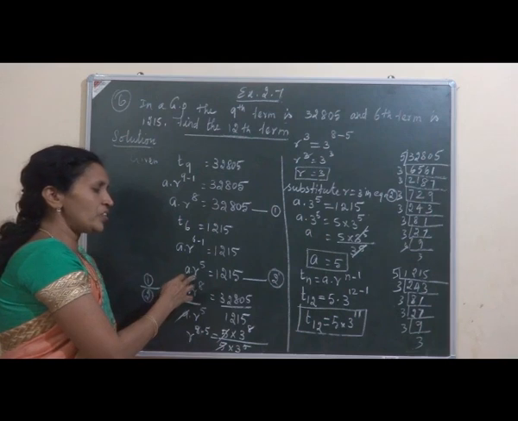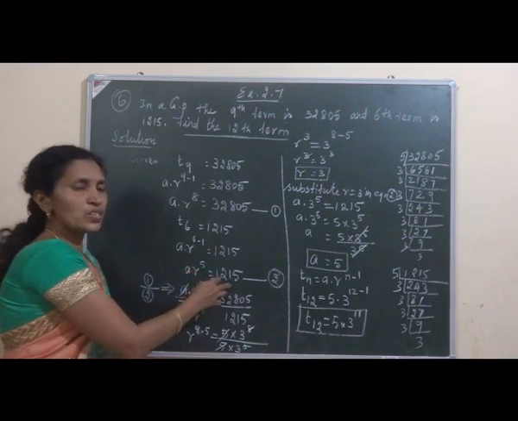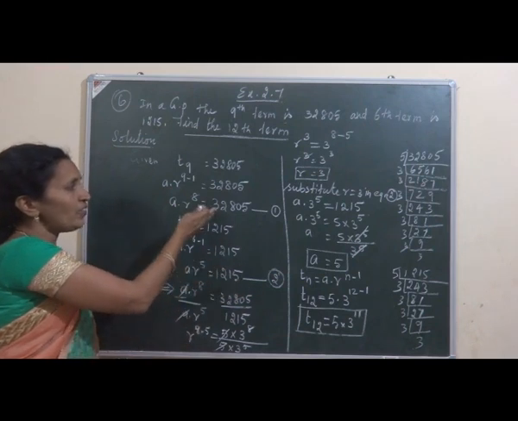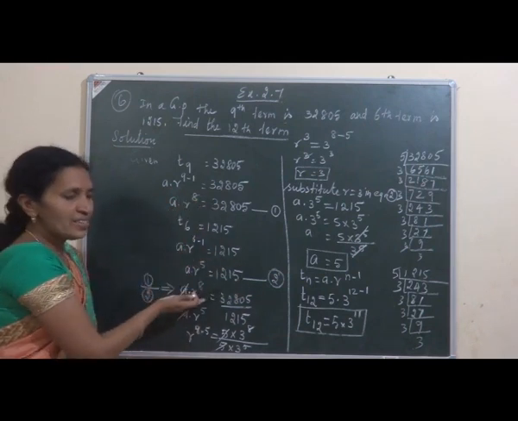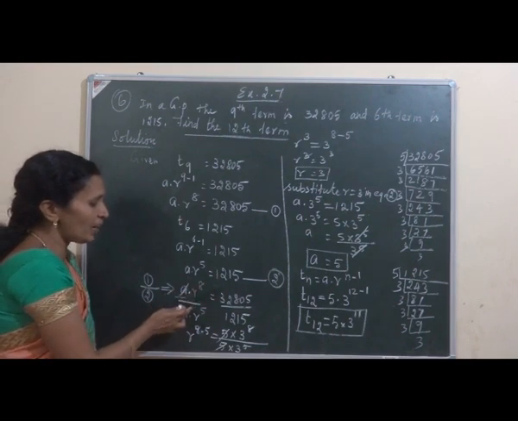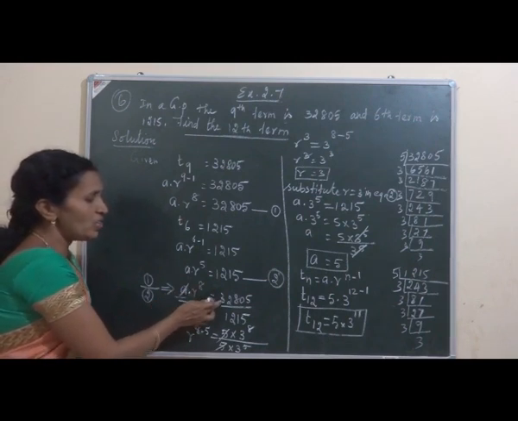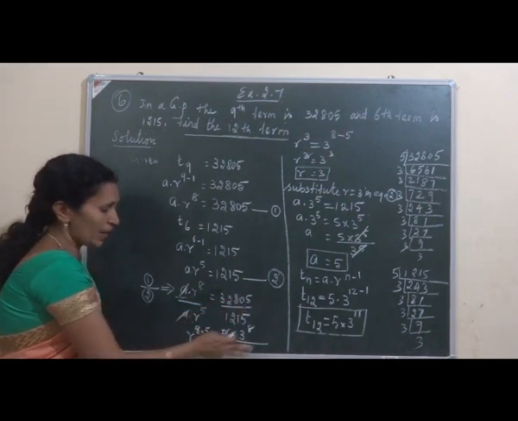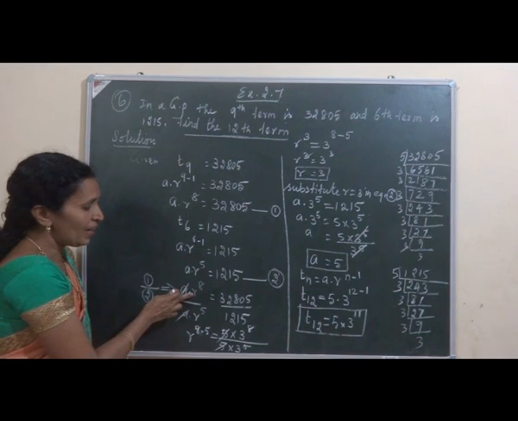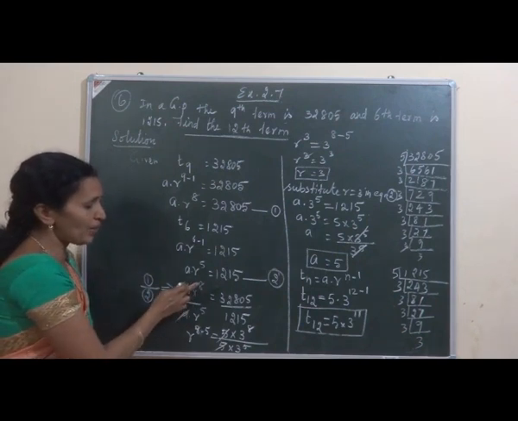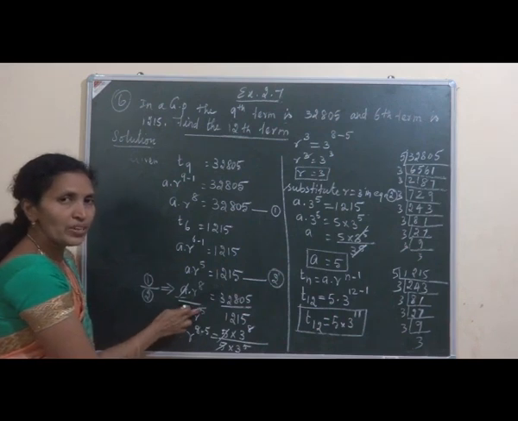You got A into R power 5 equals 1215. Equation 2. Okay. Then you divide the first equation by the second equation. You will get R power 8 divided by R power 5 equals 32,805 divided by 1215.